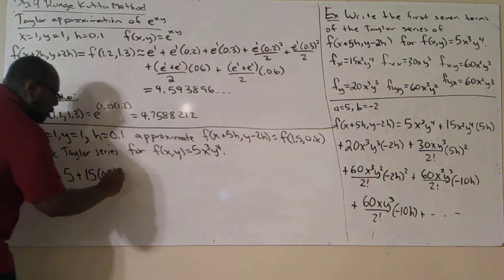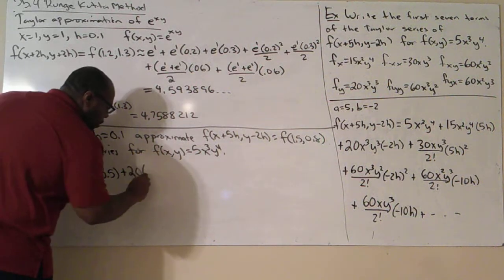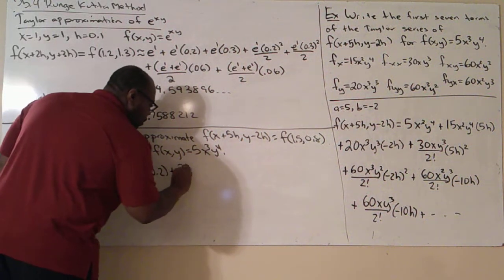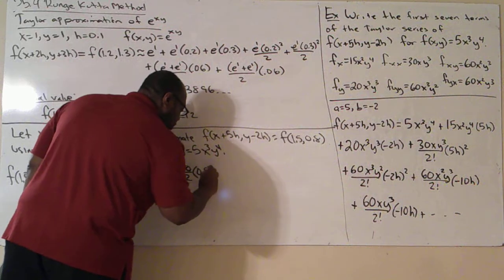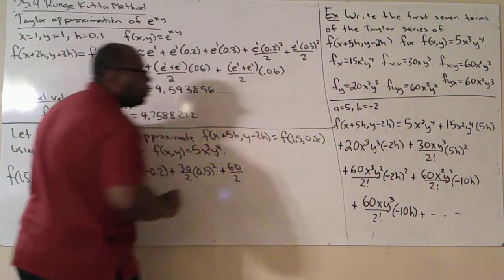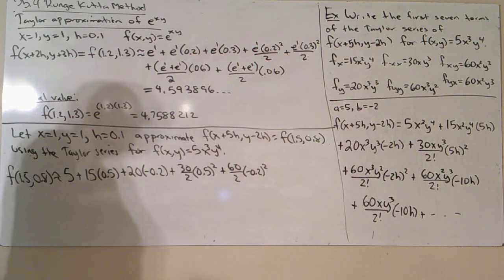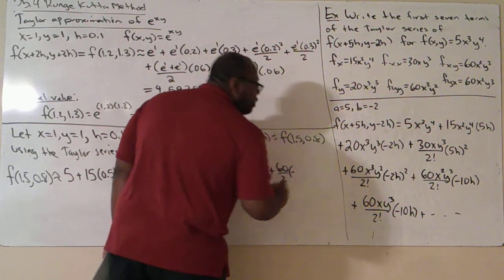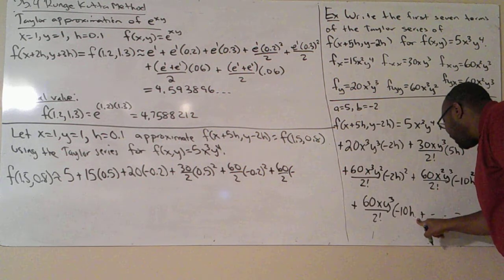And then we're going to have plus 20, because x and y are both 1, so that makes this easy, times negative 0.2, plus 30 divided by 2 times 5h squared, so this is going to be 0.5 squared, plus 60 over 2 times negative 0.2 squared, okay, plus 60 divided by 2 times negative 10, oh, this should be negative 10h squared, right? This should be negative 10h squared.